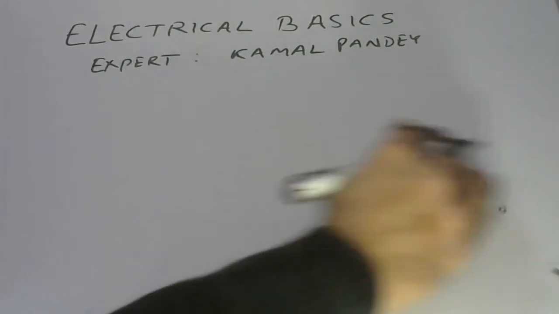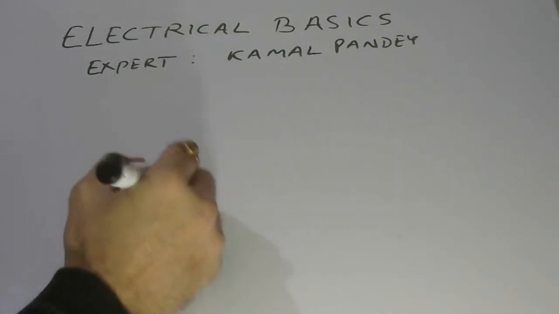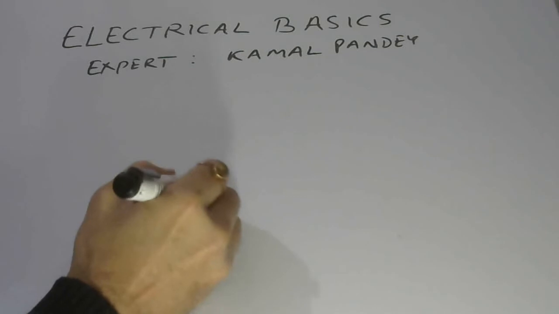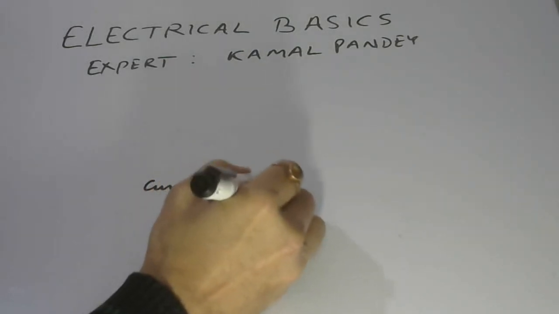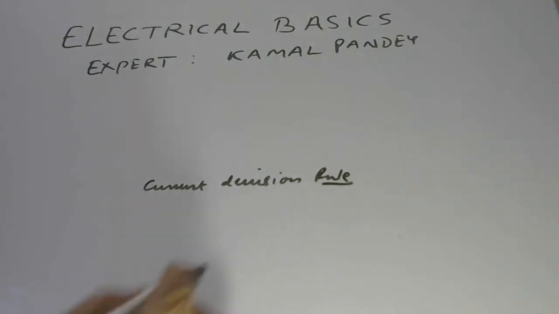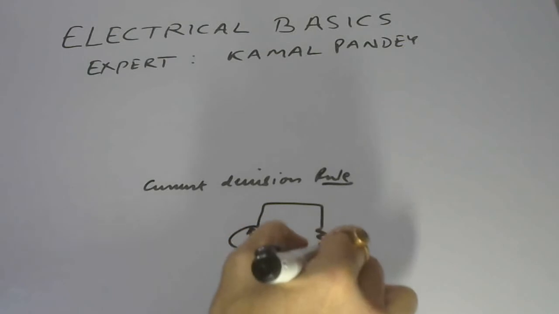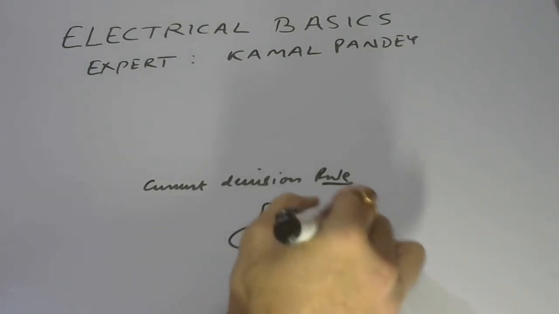Now we have the current division rule. So what is the current division rule? Let us take a current I flowing and two resistors connected in parallel, R1 and R2.